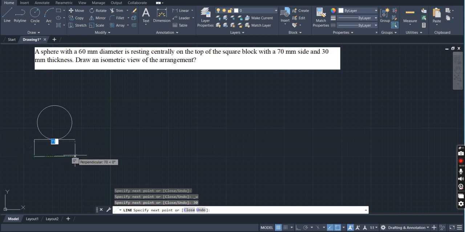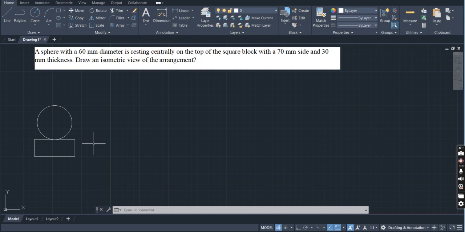And again 70, enter, and again 30. So this is the diagram of our required arrangement in 2D.